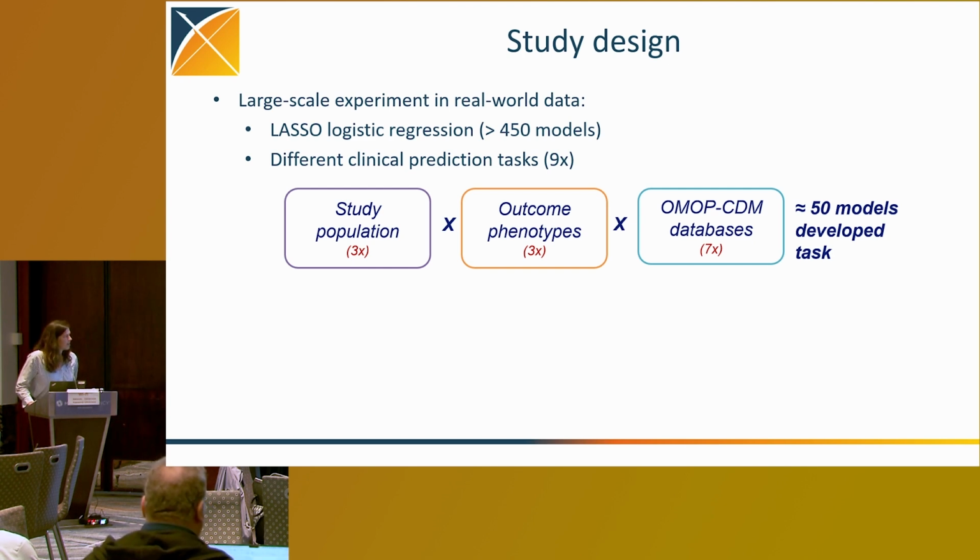I'll now quickly go through work that I did a couple of years ago to illustrate the potential issues, and we did so by investigating the stability of models developed using lasso logistic regression.